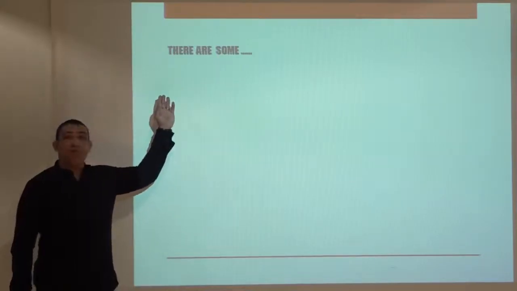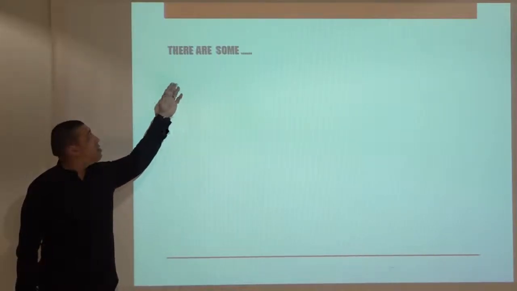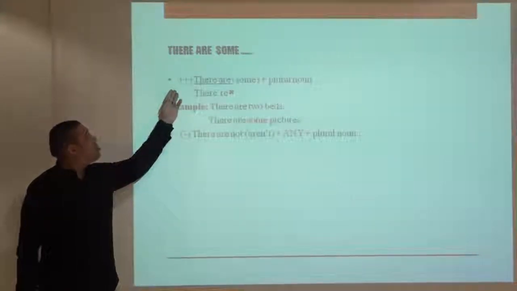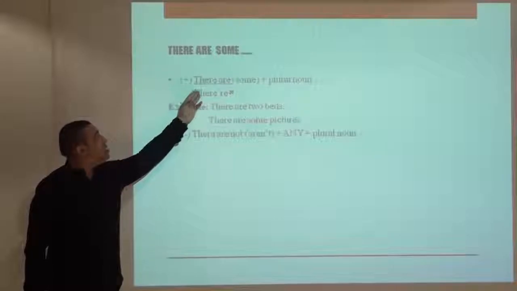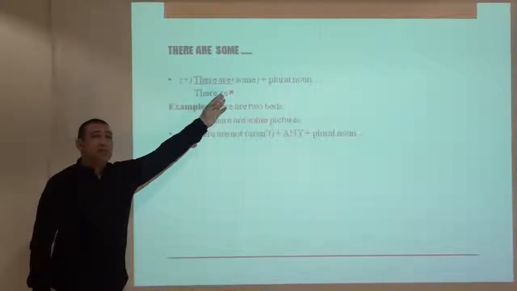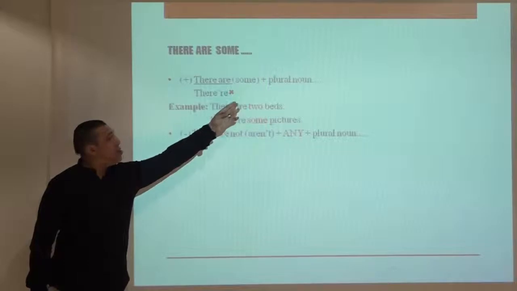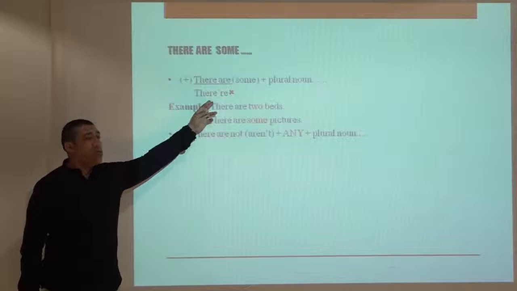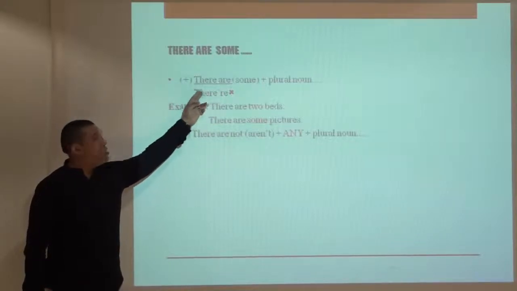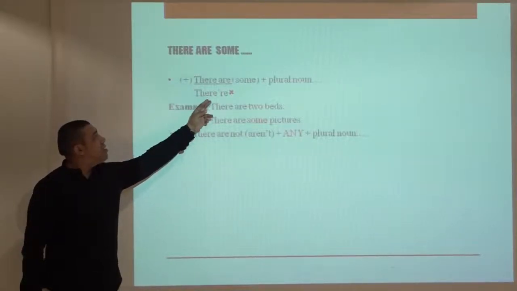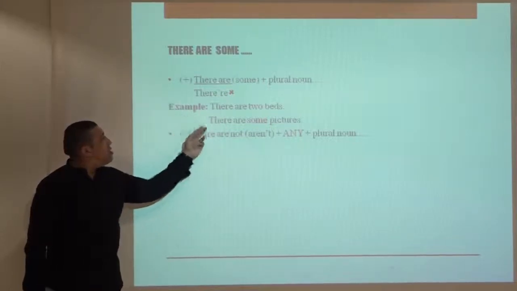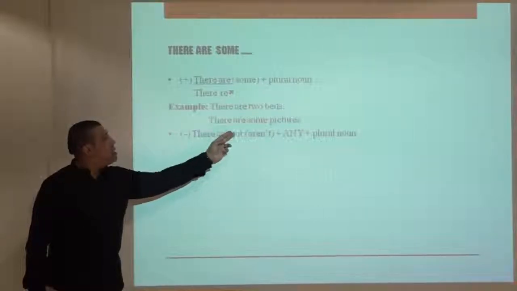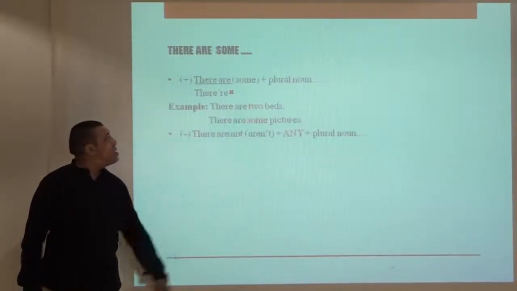Let's look at the plural form now. There are some. When we have a positive sentence, we say there are, then some plus a plural noun. And notice that we never use the contraction, short form, of there are. For example, there are 2 beds, or there are some pictures.